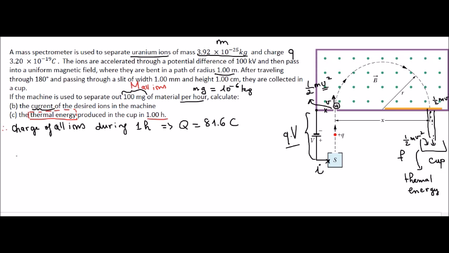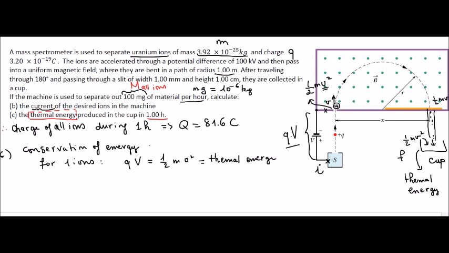So this is the principle of conservation of energy, and I can write for one ion we have qV equal to half mv squared, equal to the thermal energy for one ion.